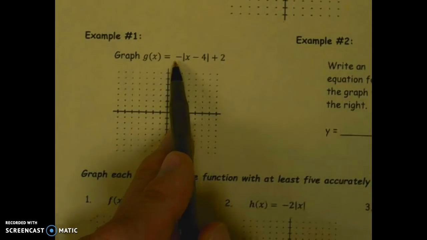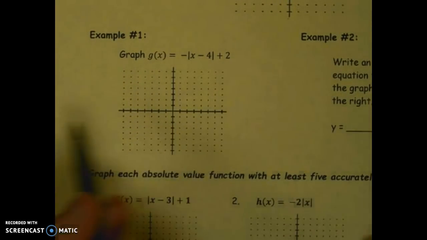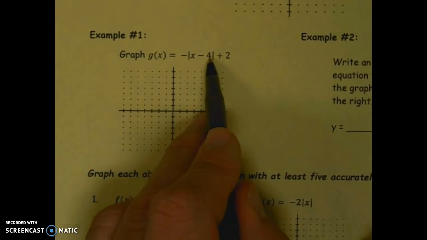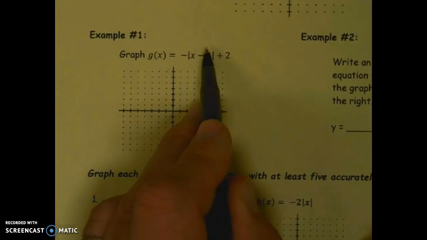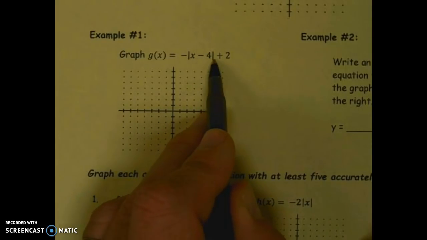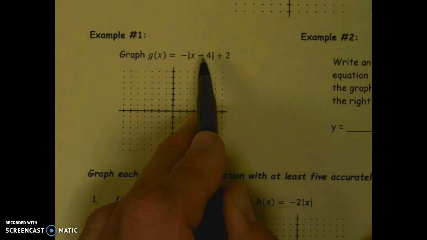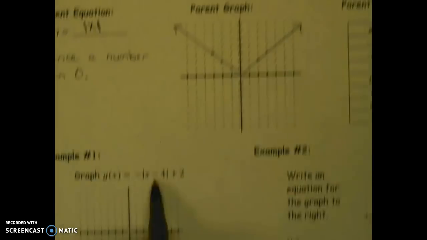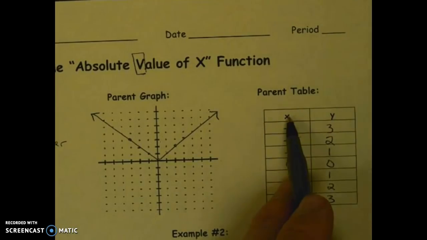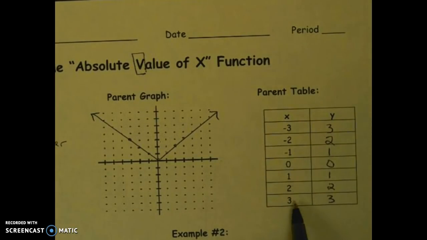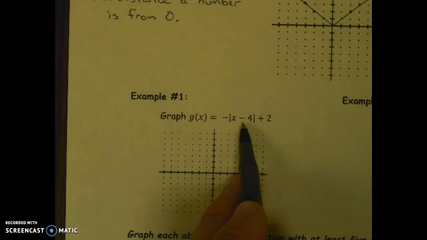First thing we want to do here is look at the horizontal change. Notice that it's inside the grouping symbol, which is absolute value. So this means that this graph right here is going to go 4 units to the right. So all of our x values are going to increase by 4.